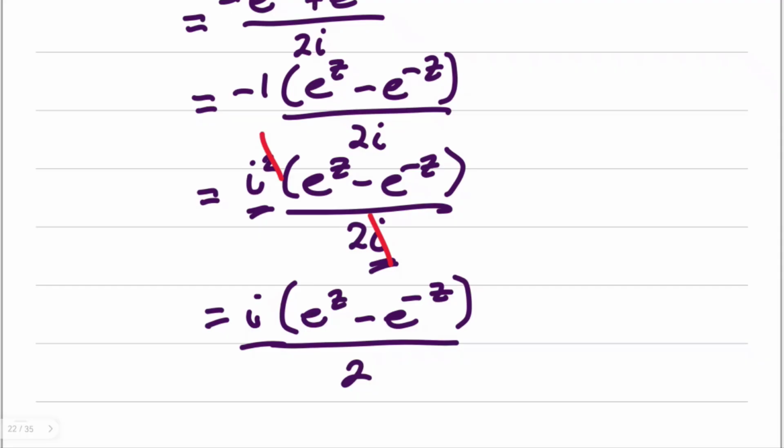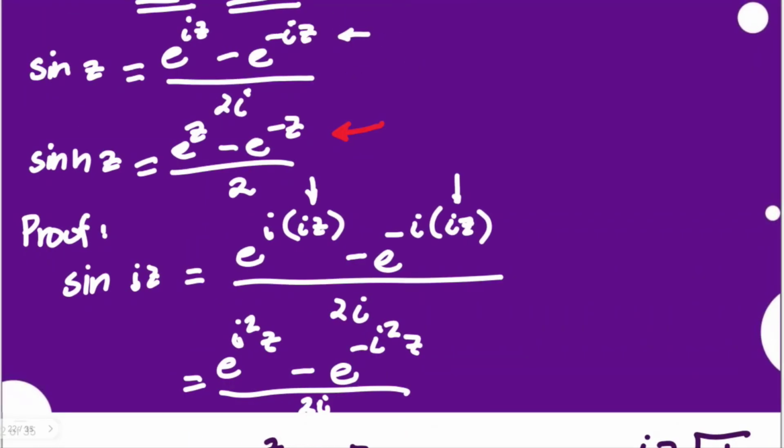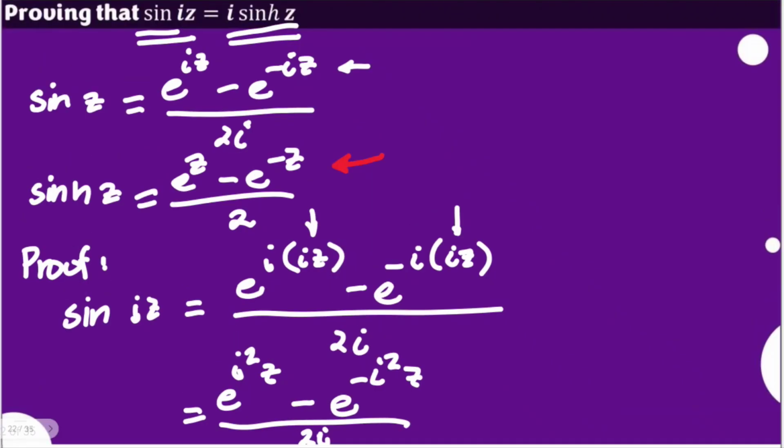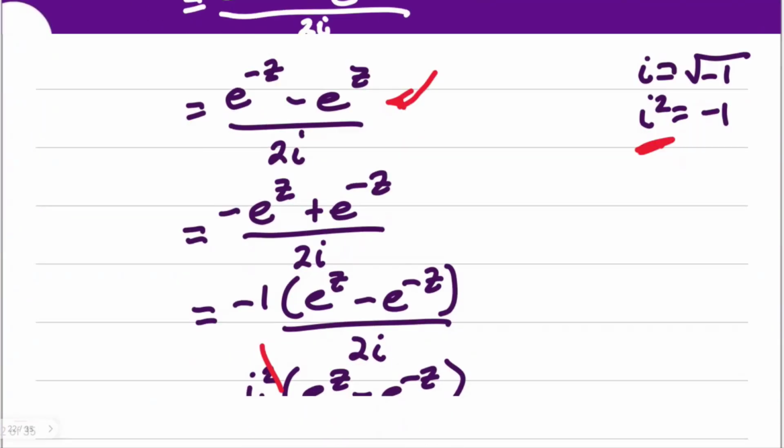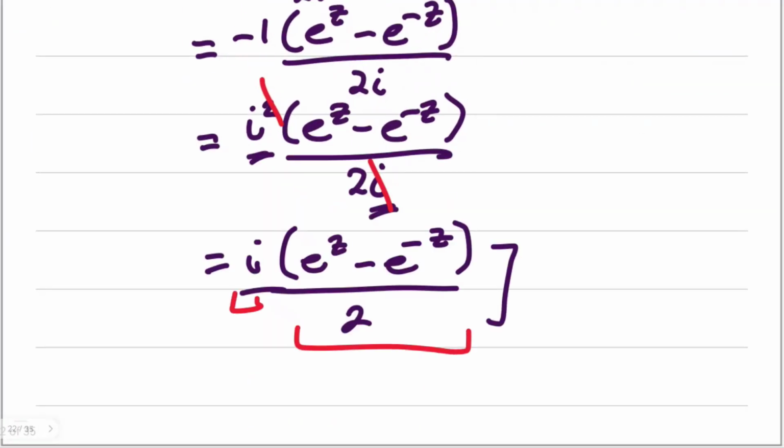Now, what is this equivalent to? This form here is actually our hyperbolic function indicated here. This is our goal. Make sure that it has a factor of i, and our i is already here, with this being the hyperbolic function.